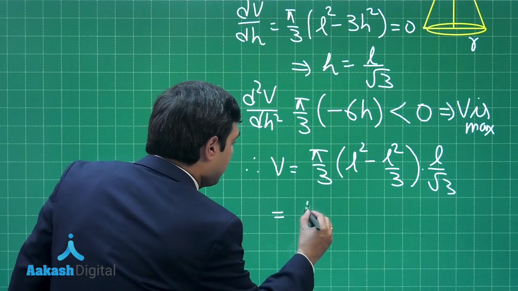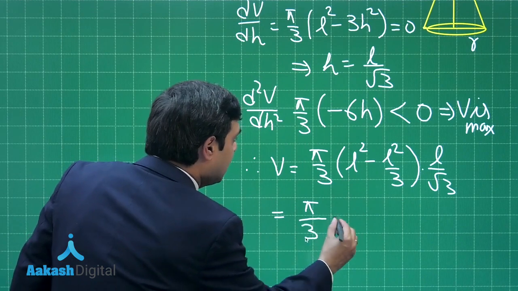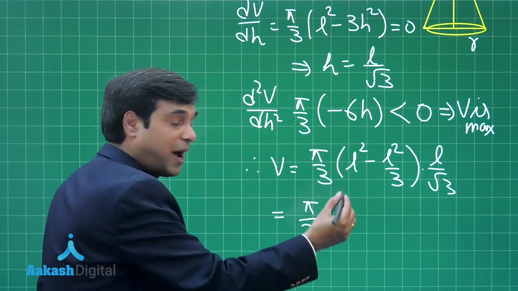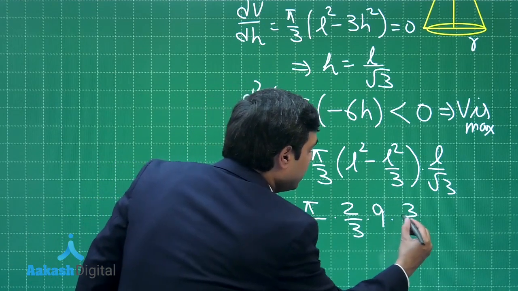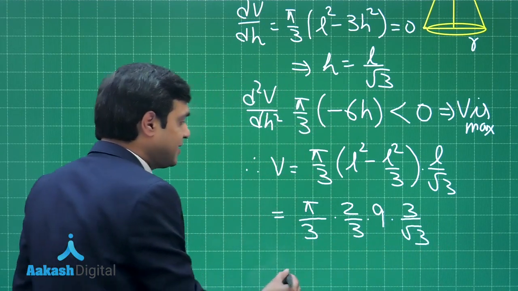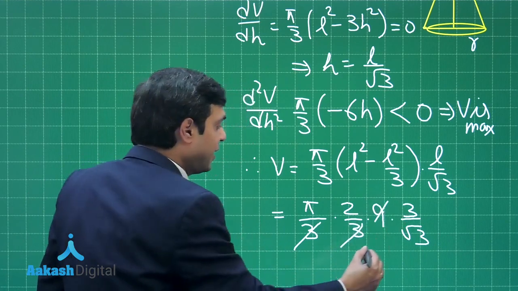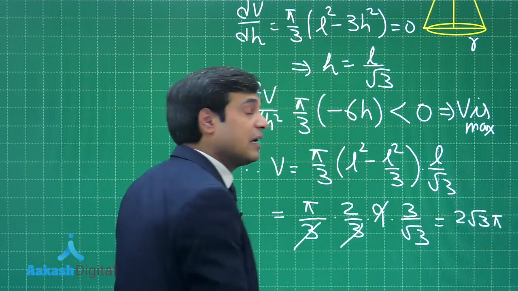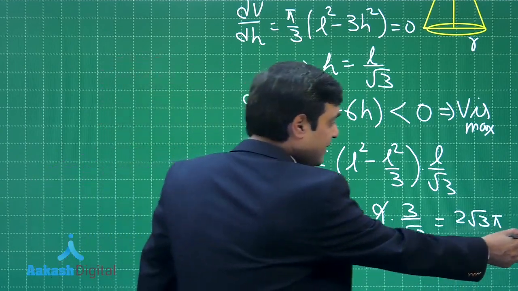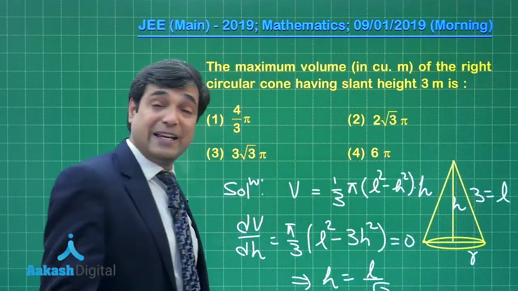This is pi upon 3 multiplied with 2 by 3 L square, 2 by 3 into 9 into 3 by root 3. So we can see 9 is cancelled and we are left with the result simply 2 root 3 pi cubic meter. This point is clear, how we get the volume as maximized.